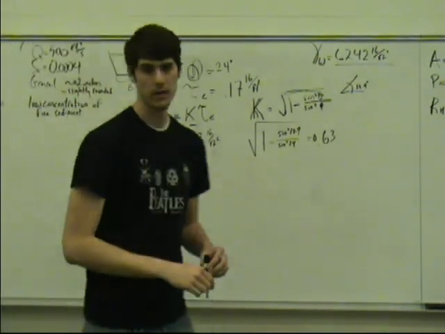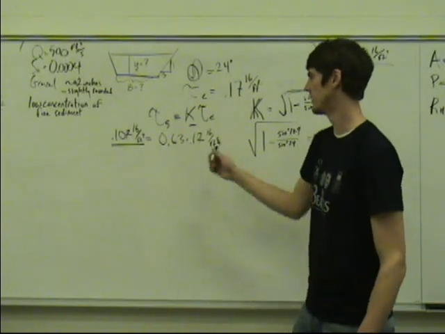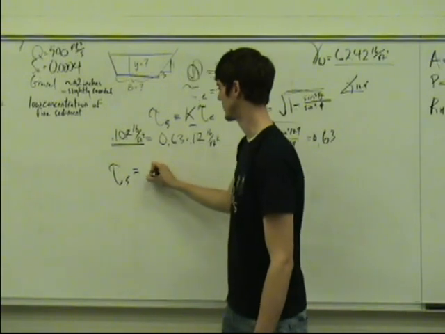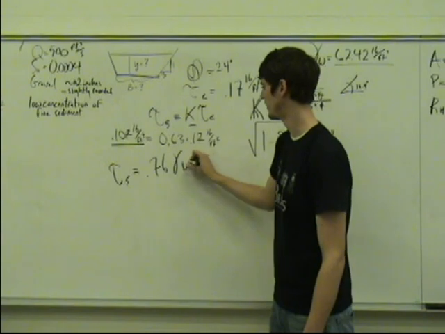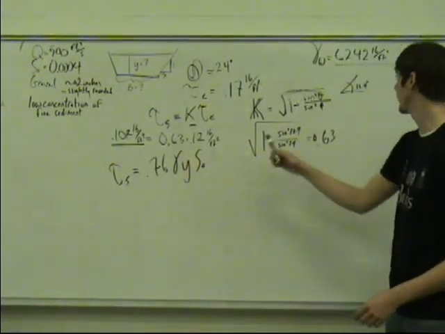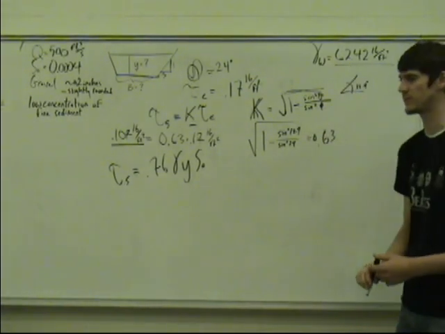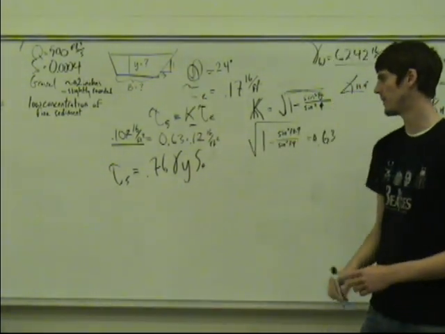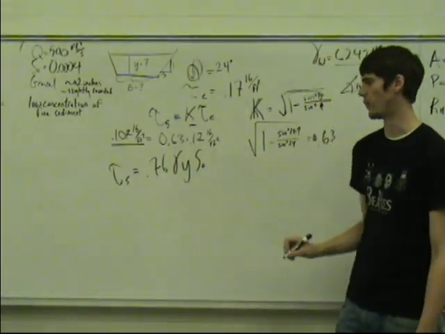The next step is to solve for the depth of water in the problem. We can use the equation: the shear stress on the sides is equal to 0.76 times gamma, the specific weight of water, times the water depth, times the slope. We know that the specific weight of water is 62.42 pounds per cubic foot, and the slope is 0.0004. Plugging in the allowable shear stress on the sides, we can determine y.